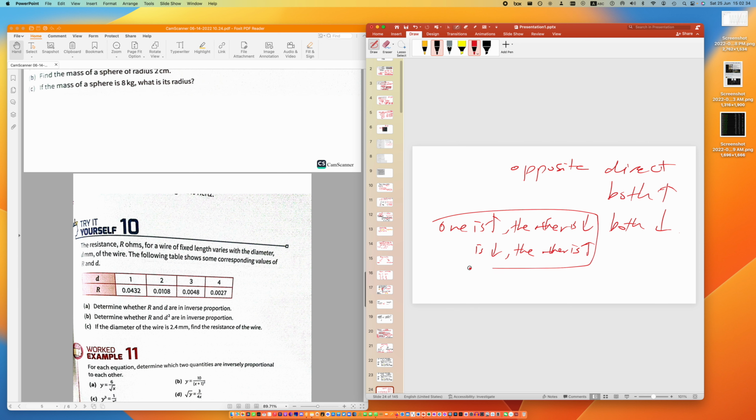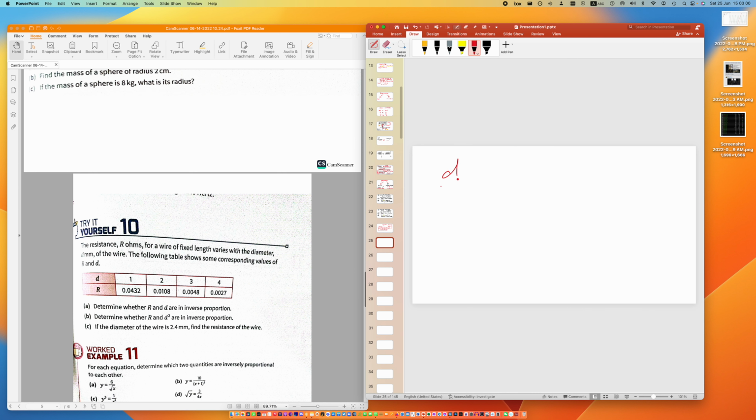So this is indirect. Simple or not? Both up, both down: direct. One up, one down, one down, one up: indirect. Very good.